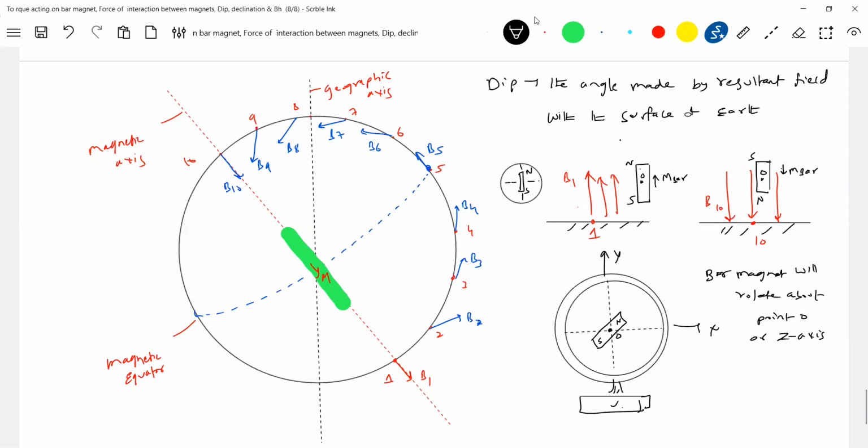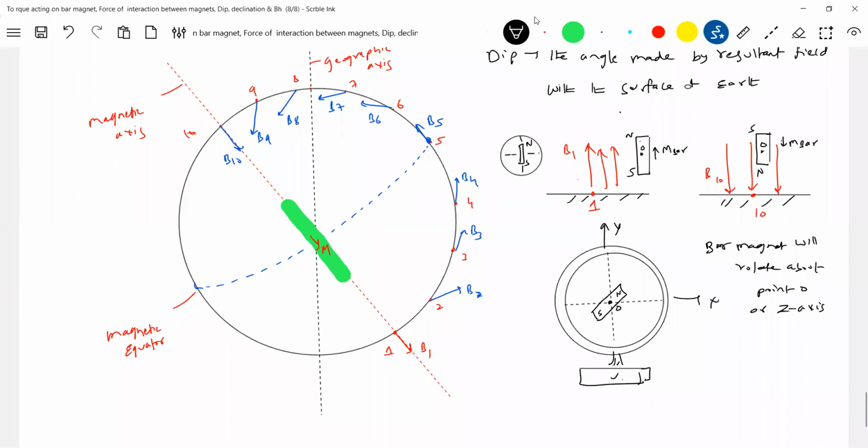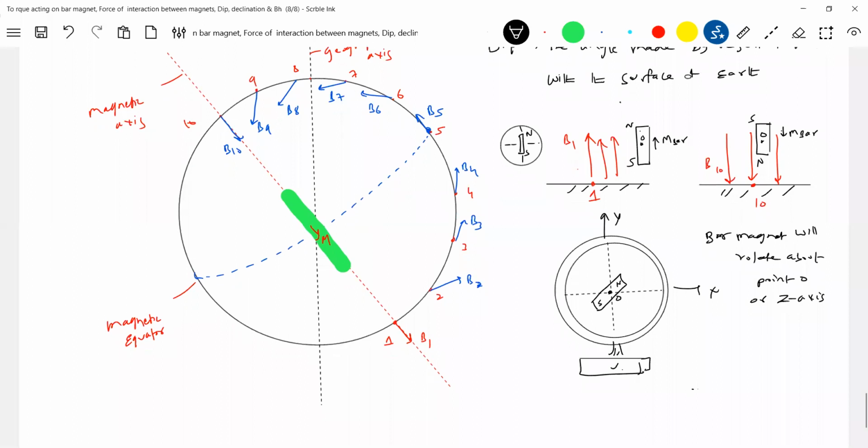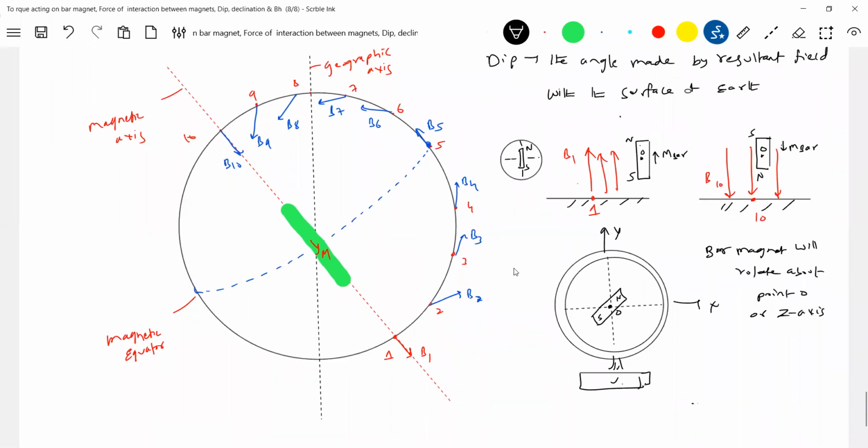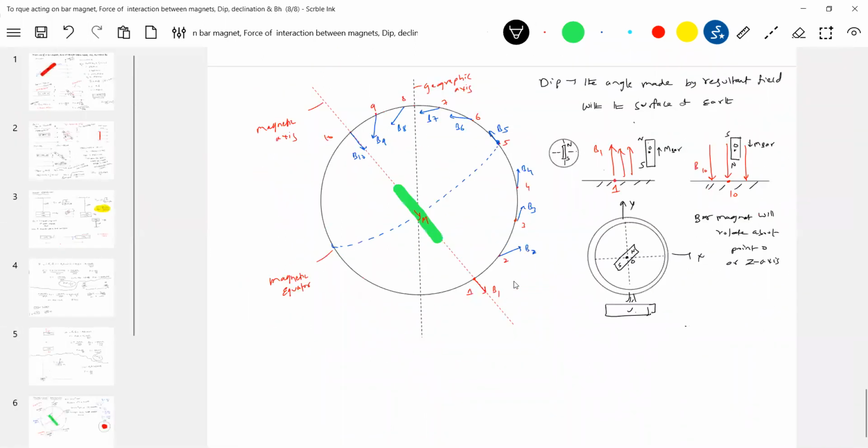Now, if you keep the bar magnet, or the dip circle, at point 5, how will it be oriented? If you keep it at point 5, the field everywhere here will be tangential to the surface of the earth.